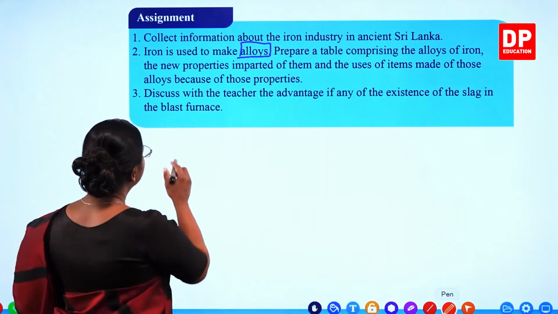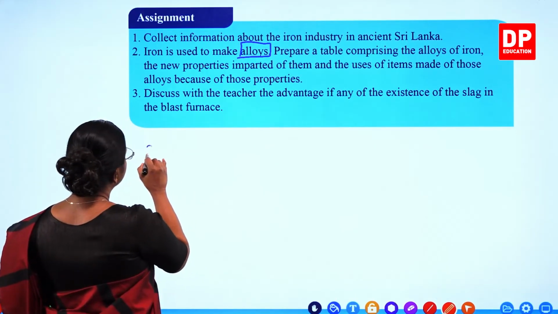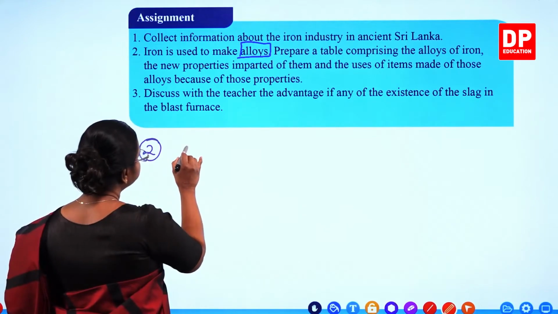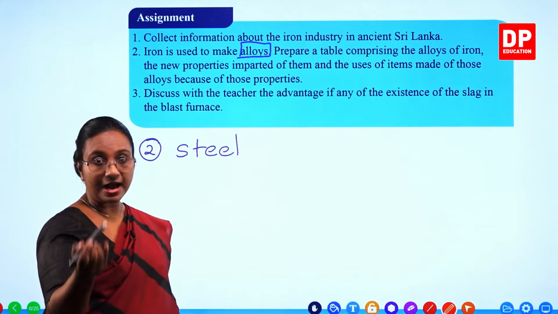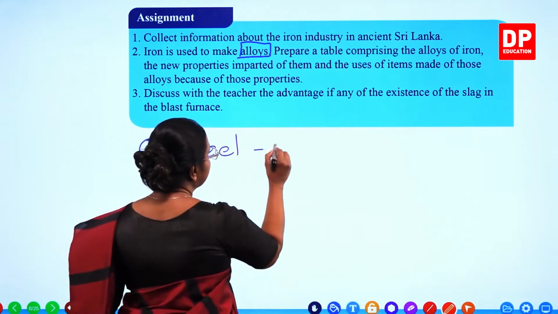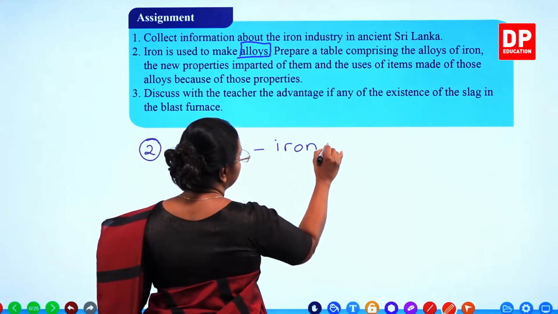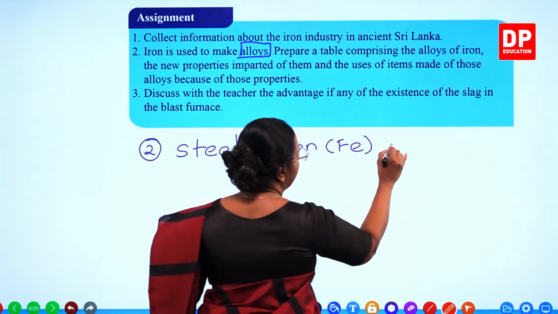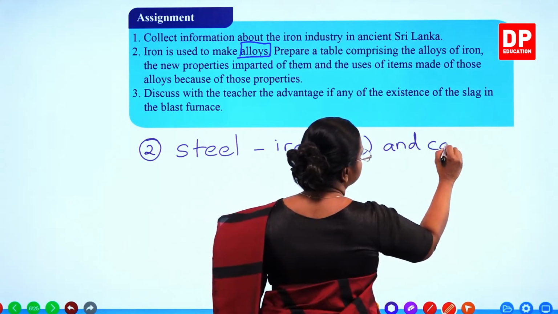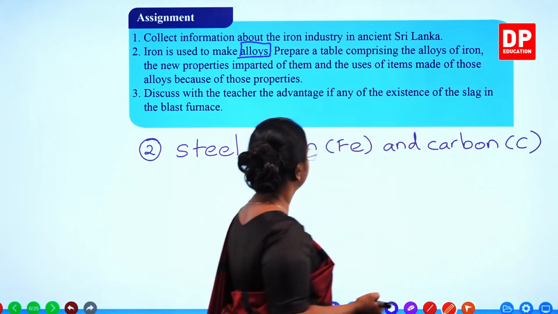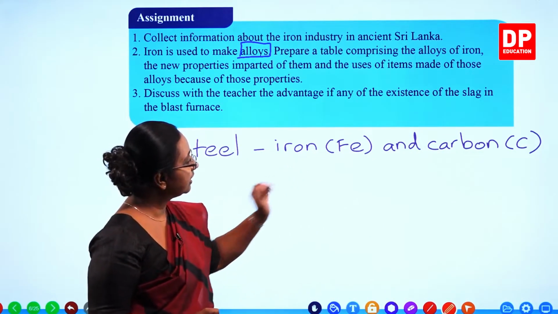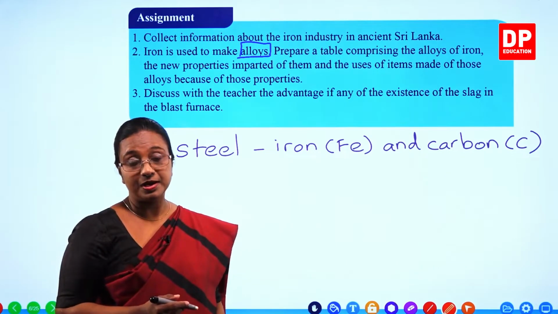Now, you can remember I said alloy steel. This is for the second question. Steel is an alloy of iron. In steel, there is iron, Fe, and carbon, C. So, steel is an alloy containing iron and carbon.